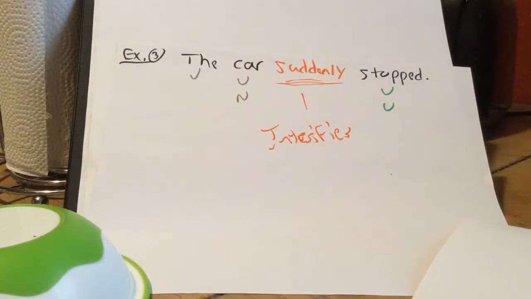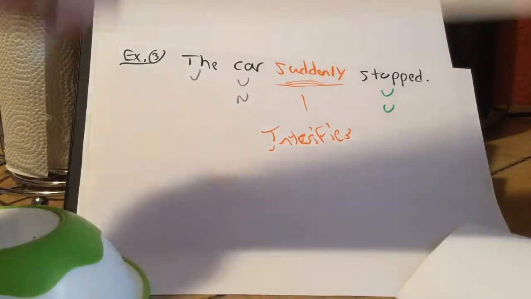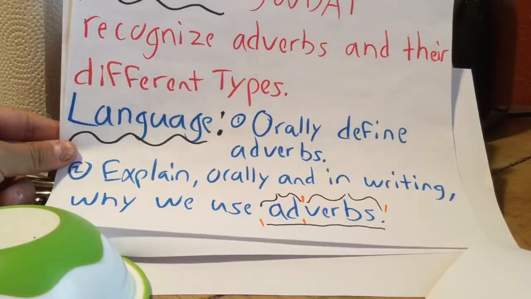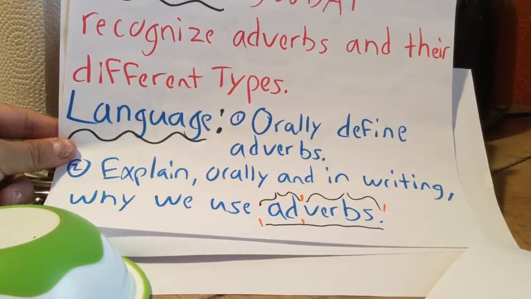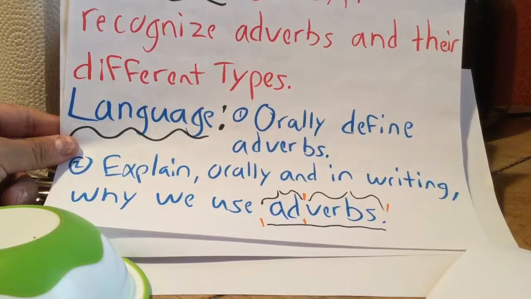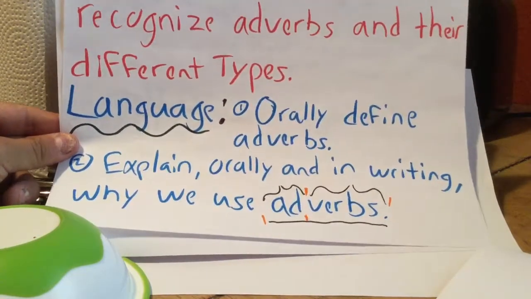All right, so now let's go back and look at our objectives. Okay, so today we were looking at how the student will be able to recognize adverbs and their different types, orally define adverbs, and lastly, now we have to explain orally and eventually in writing why we use adverbs.